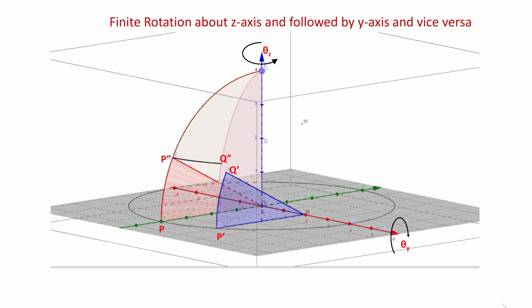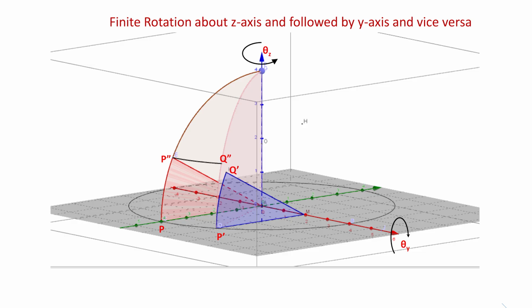When you do the first operation, the point P here, for example, if you rotate it about the z axis, it will go like this, right? You can see it there. And then after that, if you rotate it through y, this point will go on a circle like this, by a small amount.